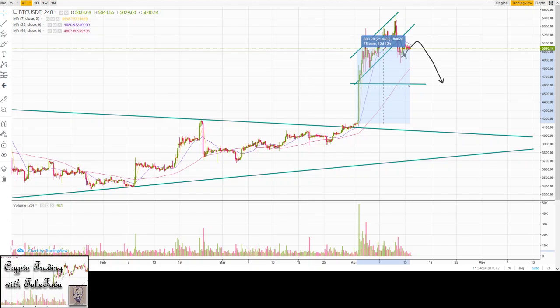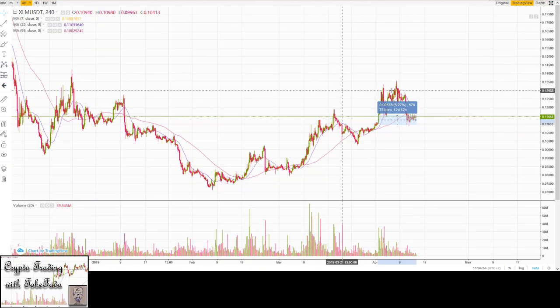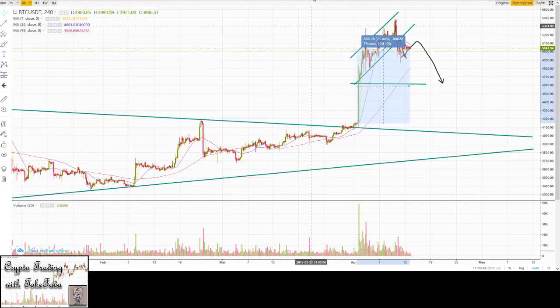So what I mean by that is, if we're looking at, for example, Stellar, which is a quite popular alternative coin, you can see that the movement in general follows very closely to that of Bitcoin, especially if you look at the individual movements here.